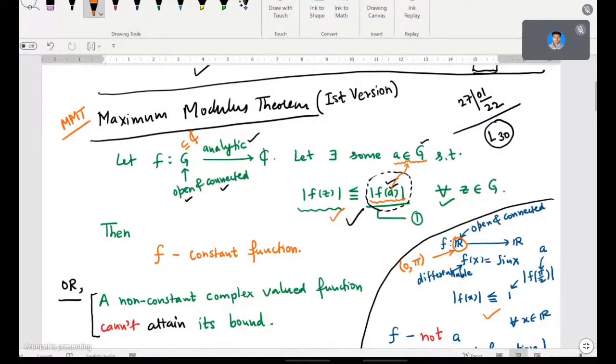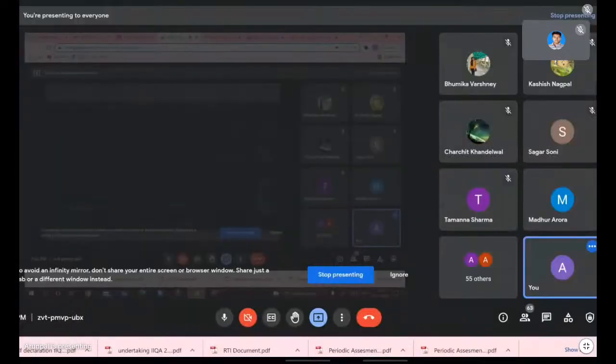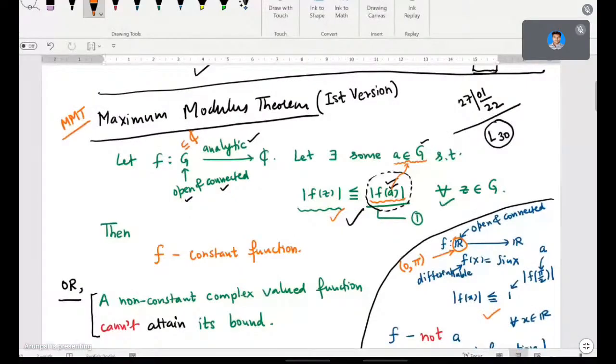Take a note. And then the function was coming out to be constant. Of course, some one of you, maybe Ashish or Mamta, or those who interact very often, they may say, sir, if you are saying function is going to attain its bound, then this A should be in G. Then where else this A would be?